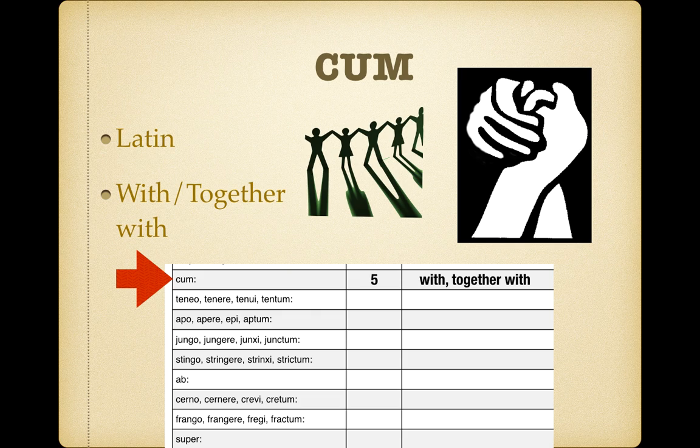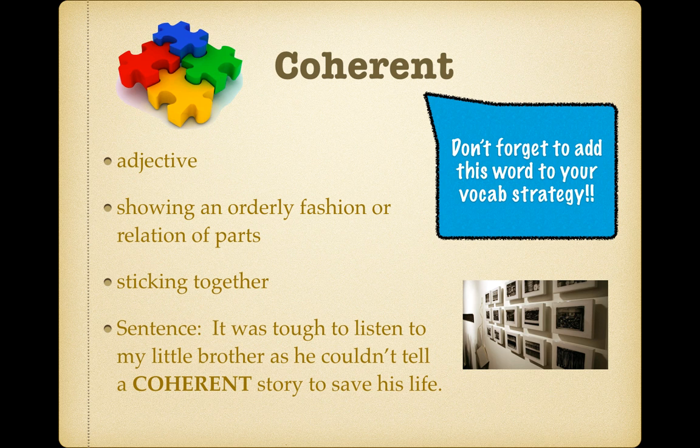I just want to make a note that a lot of times cum becomes co, C-O, often with the addition of an L, M, N, or R, and you'll see that as an example in many of the words that we learn in this lesson. So I just wanted to make a note that the actual letters C-U-M do not appear in most words that actually use this root. The spelling changes a little bit. So for coherent, we have the C-O-H root.